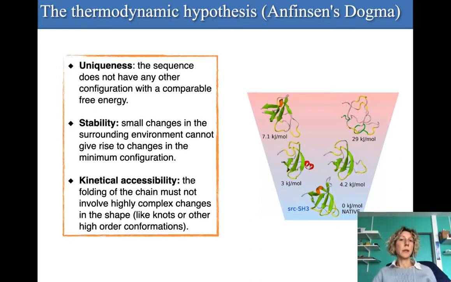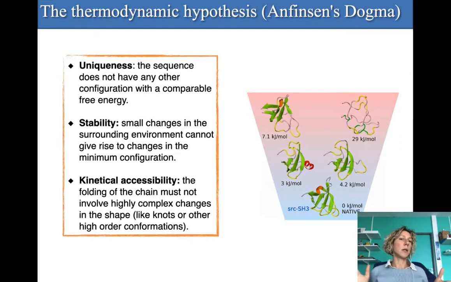But there are hypotheses about what this landscape should look like, okay? So the hypothesis is that the native structure should be unique. The sequence does not have any other configuration with a comparable free energy.